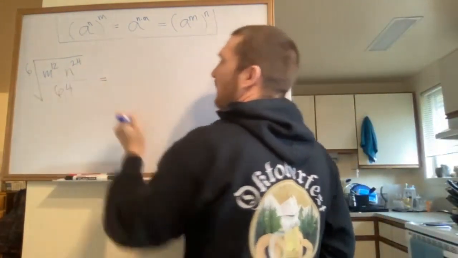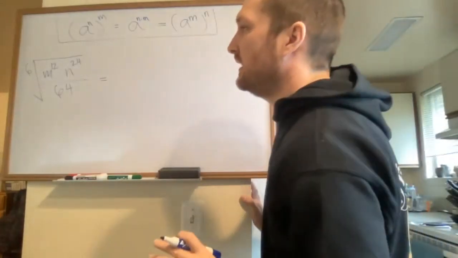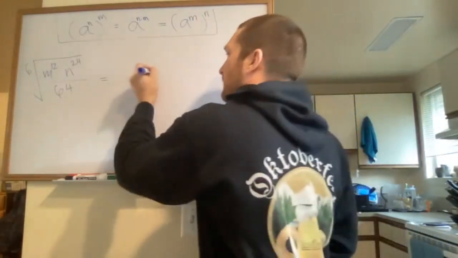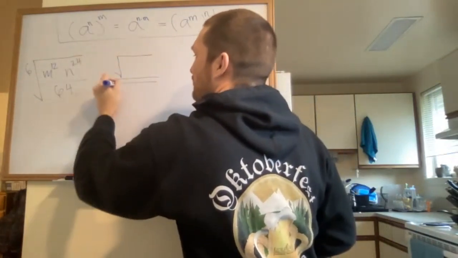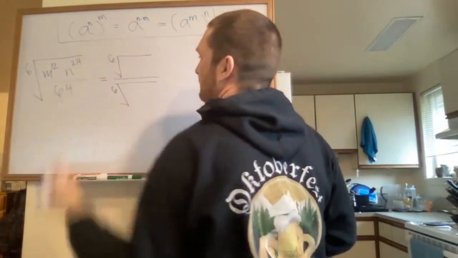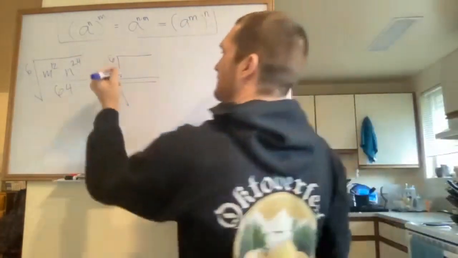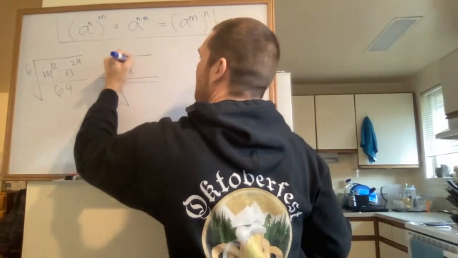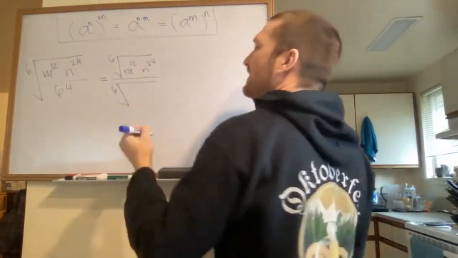Okay, now, big hint, just to start off with: we have a fraction with radicals. We're going to start this way. Like we've done this a bunch of times. So this is m to the 12th and n to the 24th on top. This is 64.